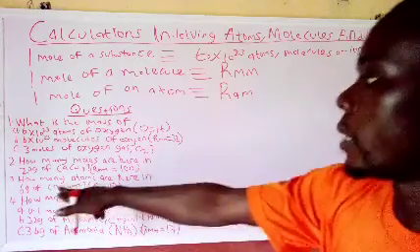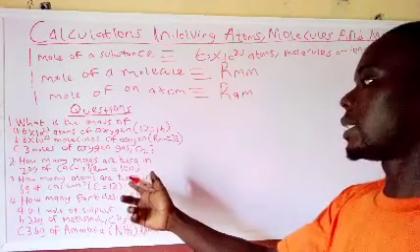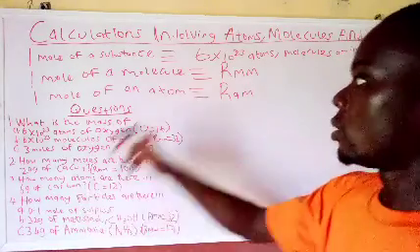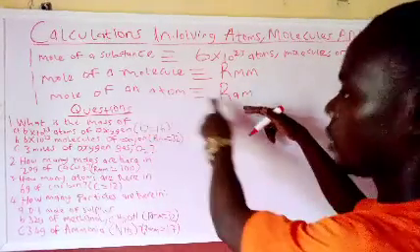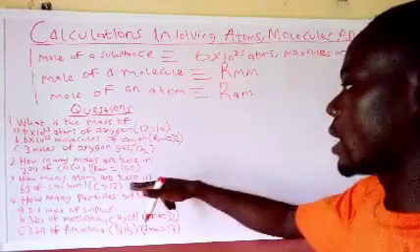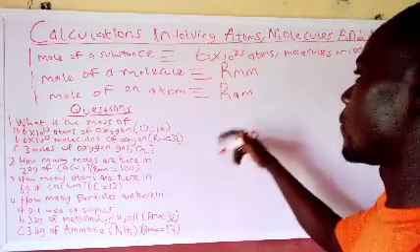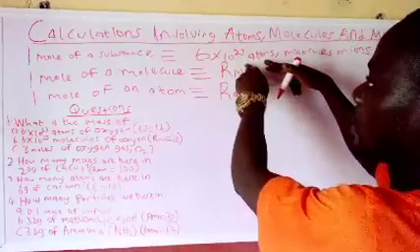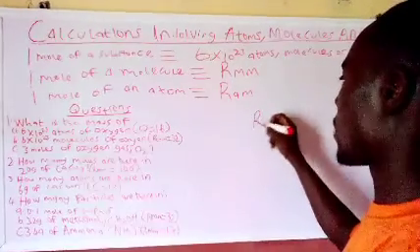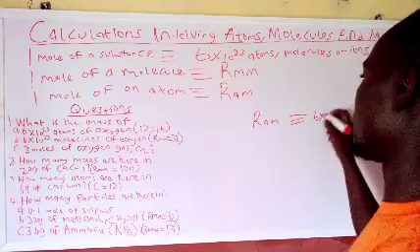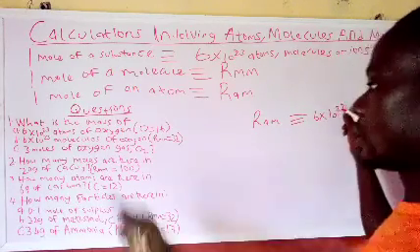Now the next question is, how many atoms are there in 6 grams of carbon? 6 grams of carbon, this is an atom. 1 mole is equivalent to the relative atomic mass. 1 mole of an atom is equivalent to 6 times 10 to the power 23 atoms.